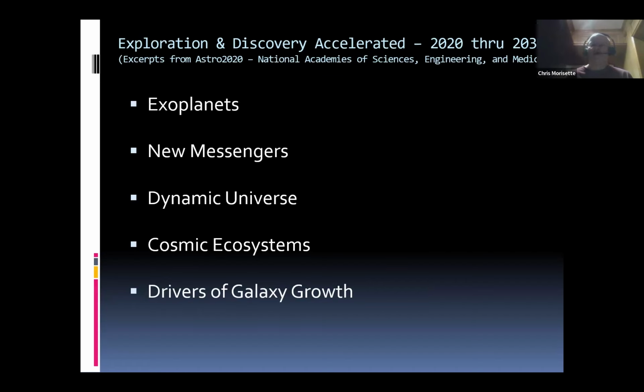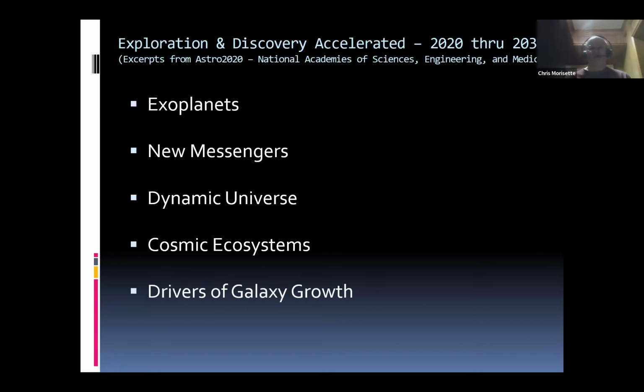This topic called new messengers is really about incorporating things like gravity waves and neutrino observation into the light data that's collected on a phenomenon, bringing all that together to get a more comprehensive set of data on exactly what's going on.